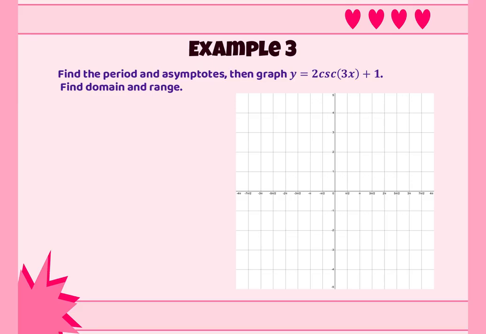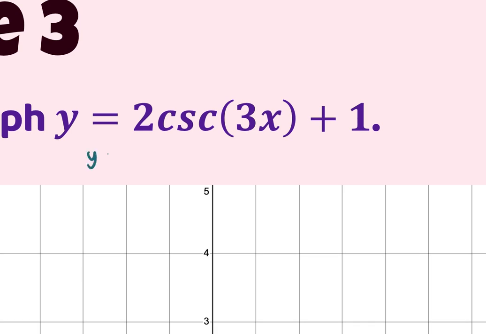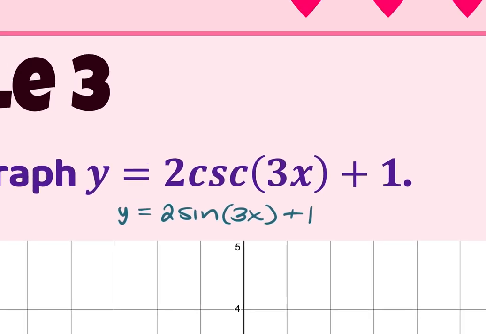All right, let's see if we can graph them. So first of all, be careful, because people will look at this and start cosine, and it's the totally wrong graph, right? Cosecant is the reciprocal of what? Sine. So we're going to rewrite this as y equals 2 sine 3x plus 1. So tell me what you know about this sine curve. What's that 2 on the front doing?